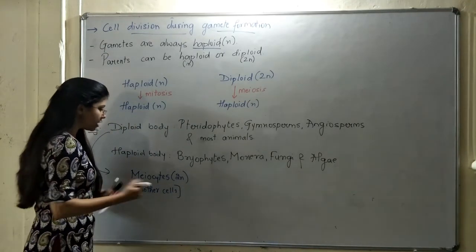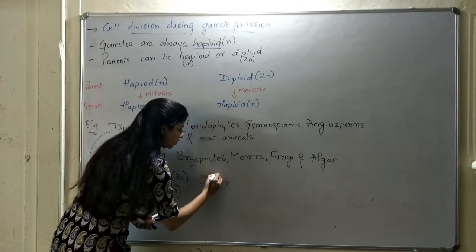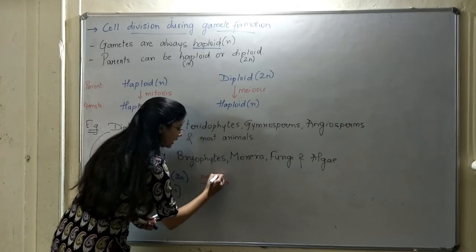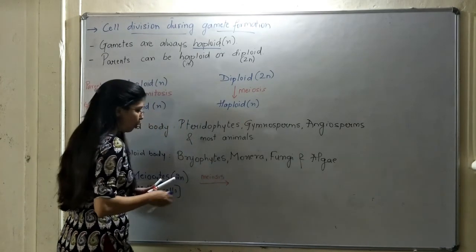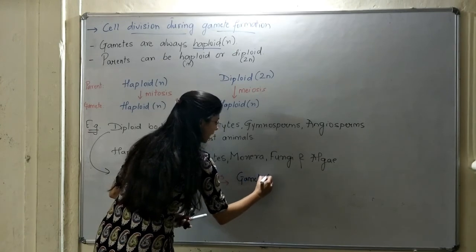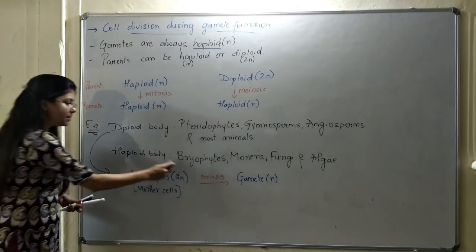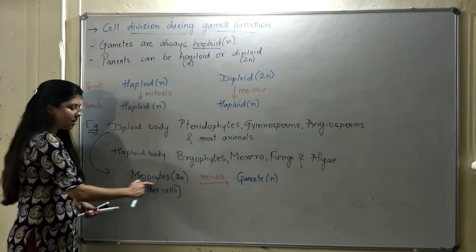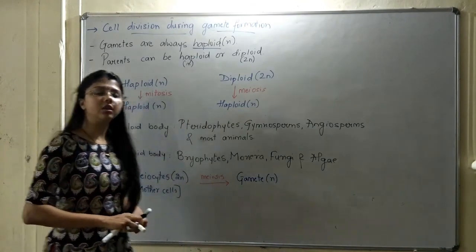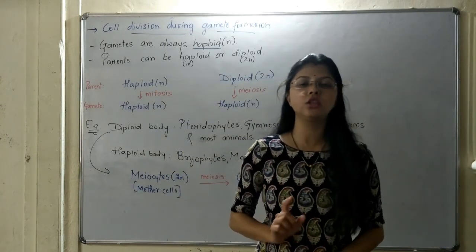So these cells, called meiocytes, by simple meiotic division will divide to form the gametes, which are haploid. Okay, so the type of division is always going to depend upon the ploidy, or the number of chromosome sets, present in the parent body.